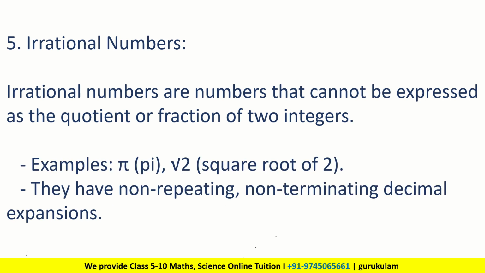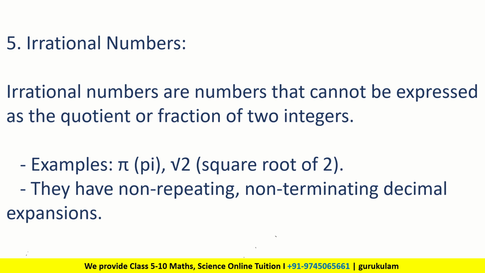And the fifth category is irrational numbers. Irrational numbers are numbers which cannot be represented as a fraction of two integers. Also the constant values come under this one, and many of the square root values. If we cannot find a perfect square root for them, they all come under the category of irrational numbers.